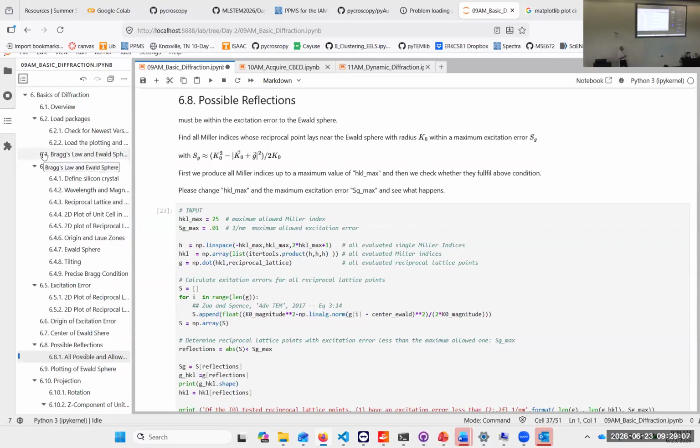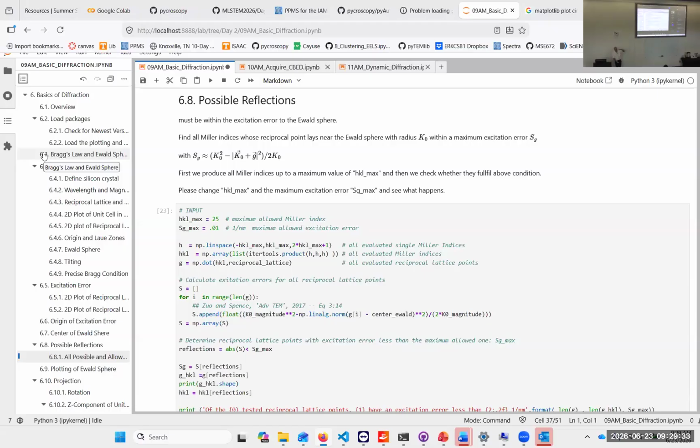The excitation error is related to the thickness, right? So the thinner it is, the larger is our excitation error. This simple concept got somebody the Nobel Prize. It was actually Geim with the graphene. So that was how he proved that that is a 2D material.